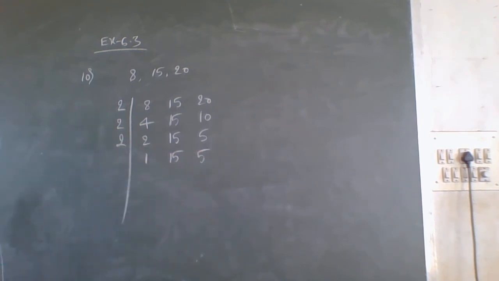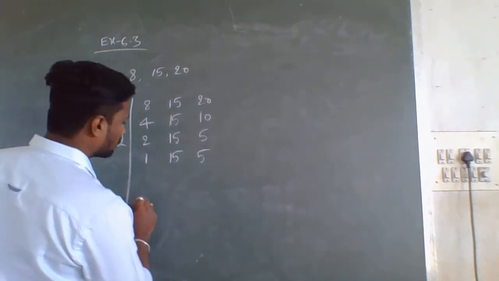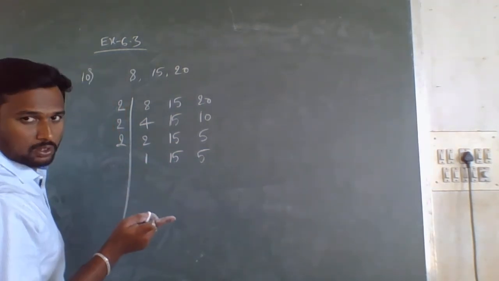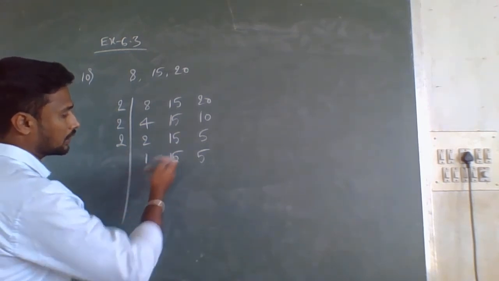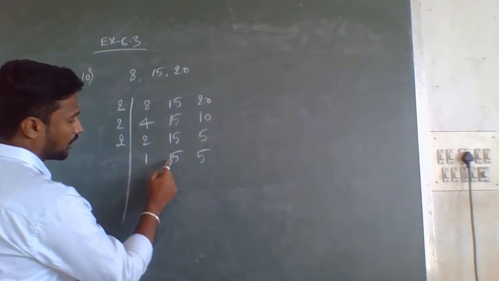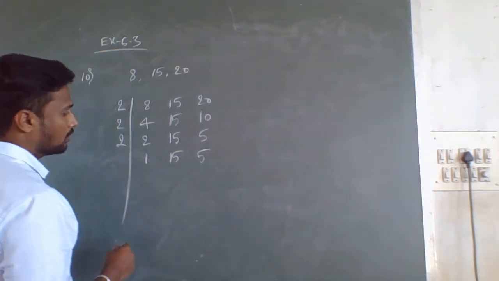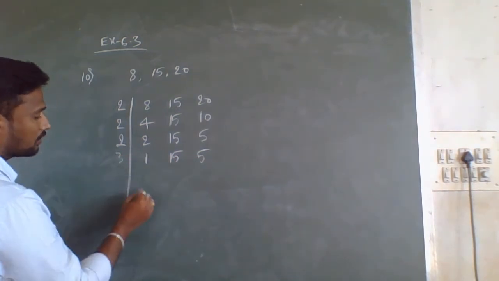So now the next number is 15. For 15 you can check with table 2, it is not there because 15 is not an even number. Next you can check with table 3. If you check with table 3, you add 1 plus 5, what will you get? 6, which is there in table 3, or you can directly write 3 fives are 15.